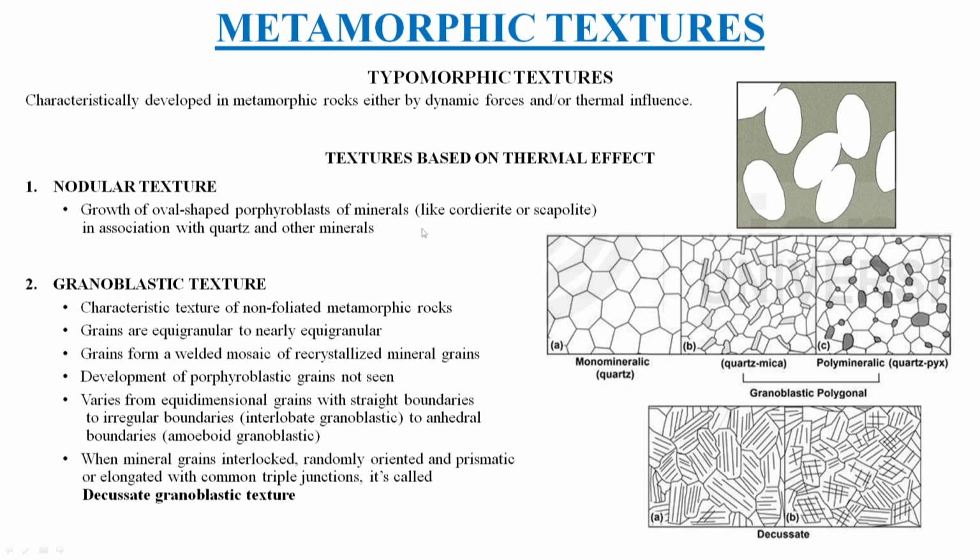Then the other typomorphic textures that are formed due to thermal effect solely, the first one is your nodular texture, the growth of oval shaped porphyroblast. Now, porphyroblast and porphyroclast, there is a difference. Porphyroclasts are definitely the relict of some earlier existing grain.